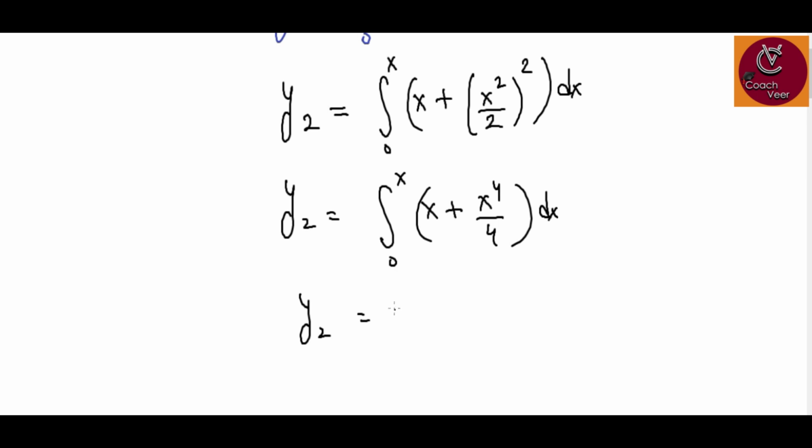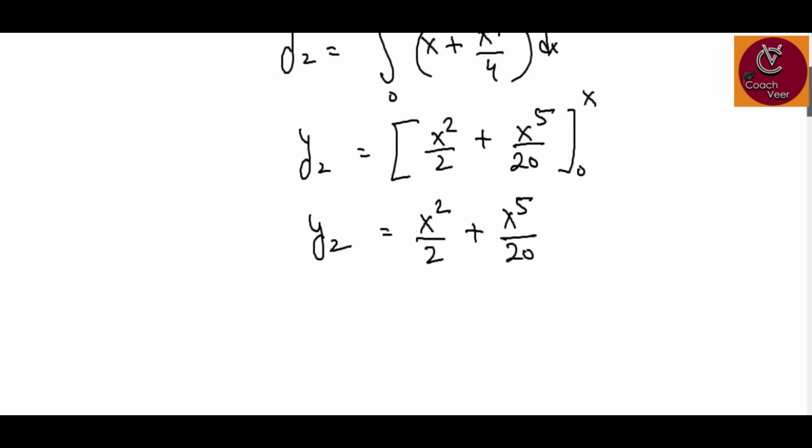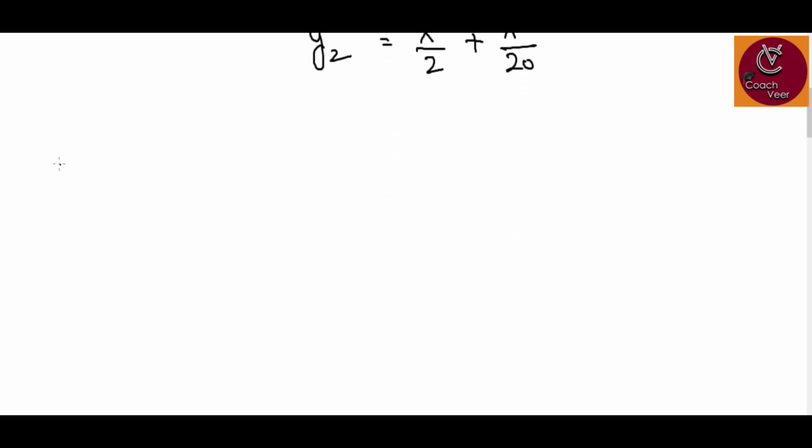You know integration of x is x square by 2, and integration of x to the power 4 is x to the power 5 by 5, but 5 fours are 20, we need to write that because 4 was already there. The limit was from 0 to x, so surely you can mention it as y2. The second approximation is coming as x square by 2 plus x to the power 5 by 20. That's our second approximation.